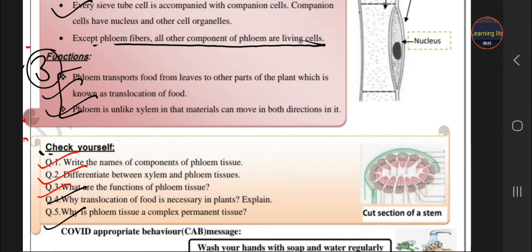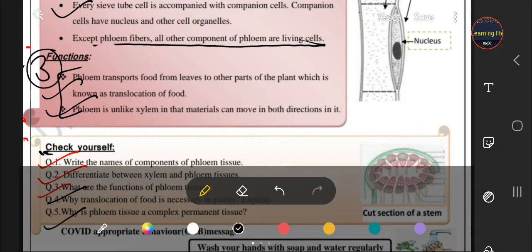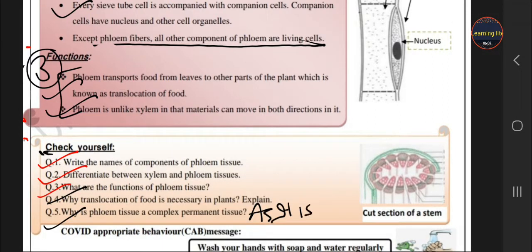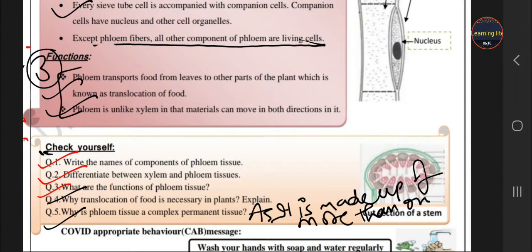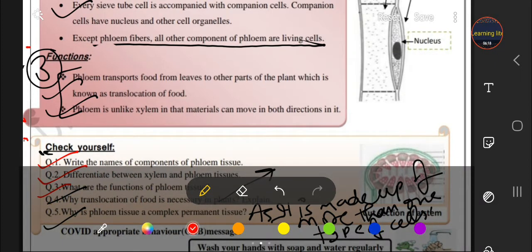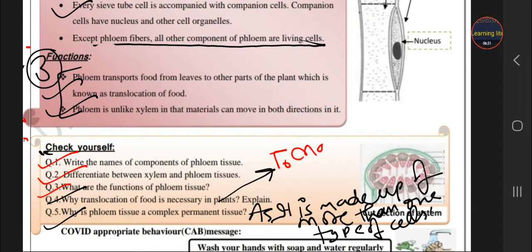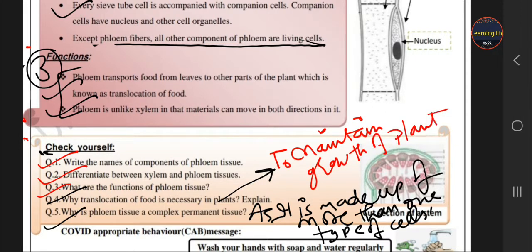Phloem tissue is a complex tissue because it is made up of more than one type of cell.